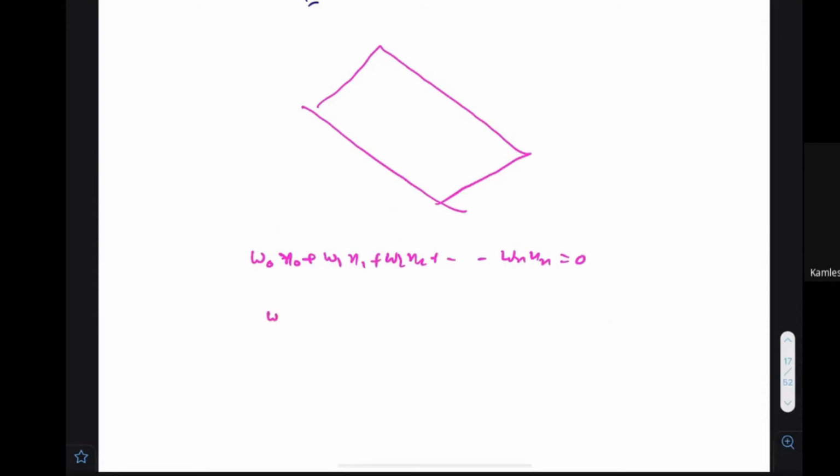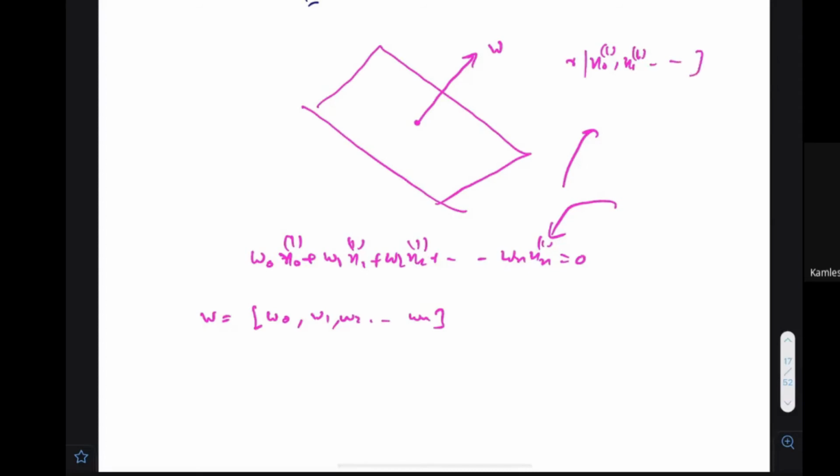If we create a vector W0, W1, W2 dot dot dot Wn, this vector is going to be in the perpendicular direction of this plane. Why? Because if you pick any point from this plane, for example any training example, it can also be represented as a vector.